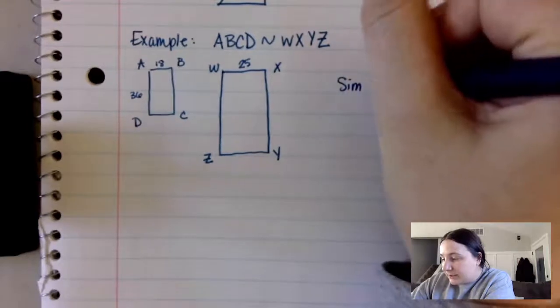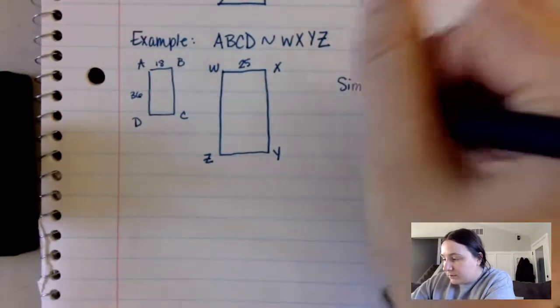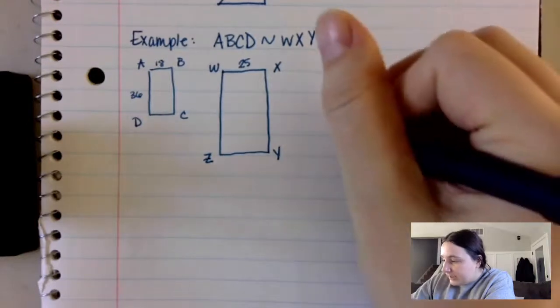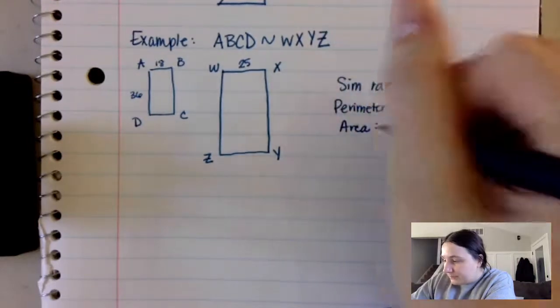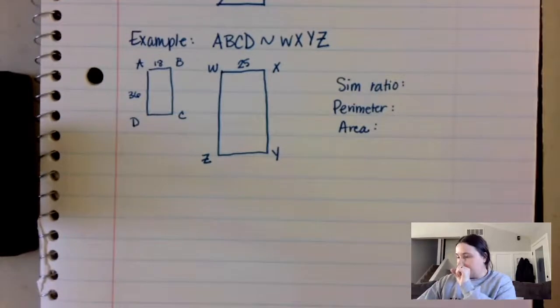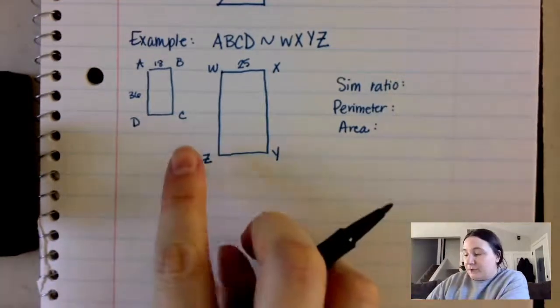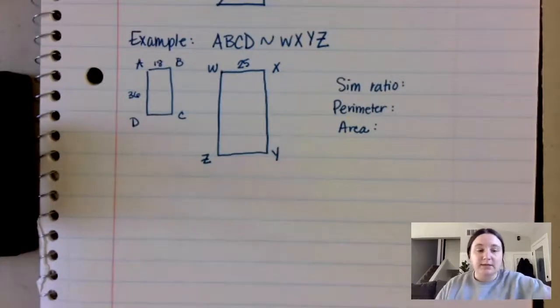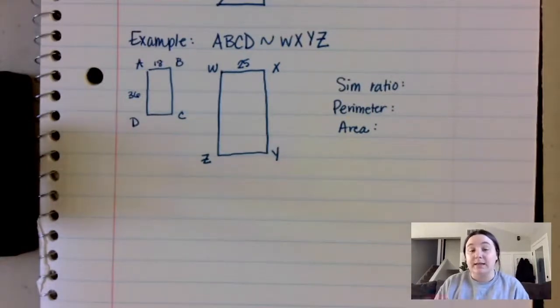Now the 2.0 level is to be able to identify all 3 ratios: the similarity ratio, the perimeter ratio, and the area ratio. The first thing that you want to do is find corresponding sides, and you only need one set because it's already telling us that they're similar, so all sets of corresponding sides will be the same ratio.